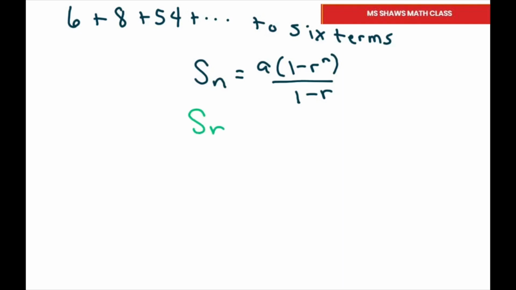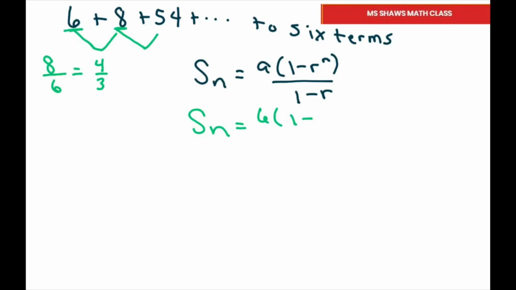So the sum equals your first term, which is 6, times 1 minus R. R is what you do to get from 6 to 8, or 8 to 54. So to find R, you take one number divided by the previous number. So 8 divided by 6, you divide both by 2, that would be 4/3.